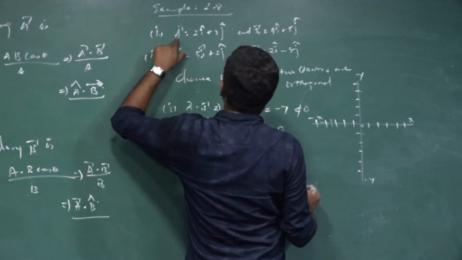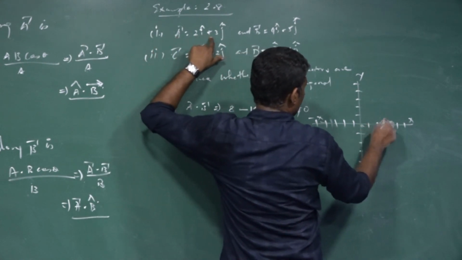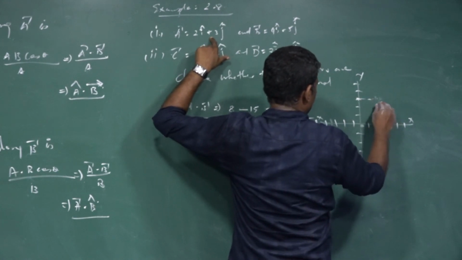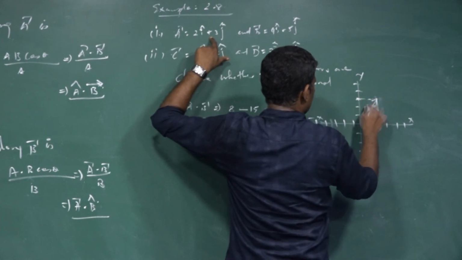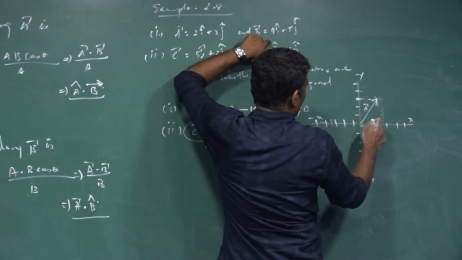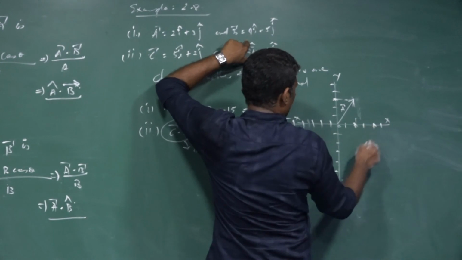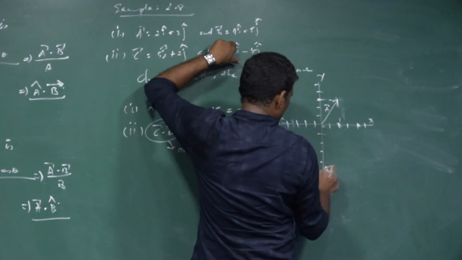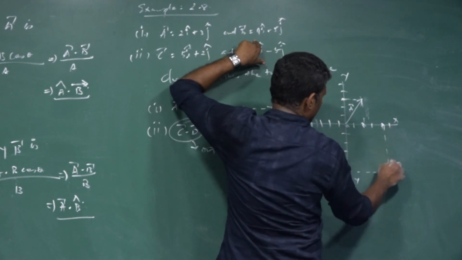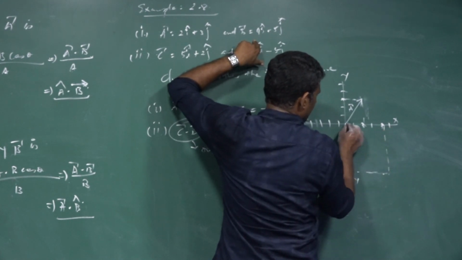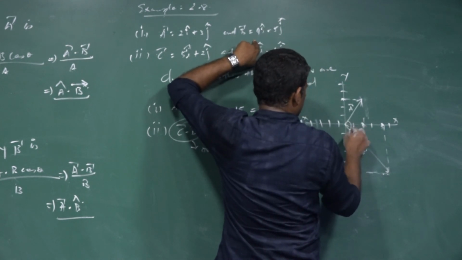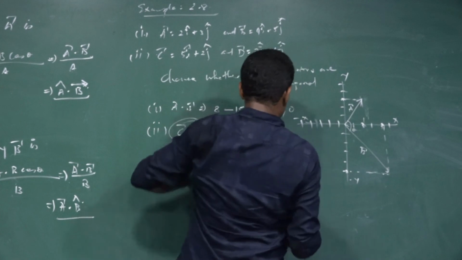This is 2i, this is 3j, and this is A vector. Then 4i minus 5j: i is 4, and minus 5j is in the negative y direction. So this is B vector. These two are not at right angles.